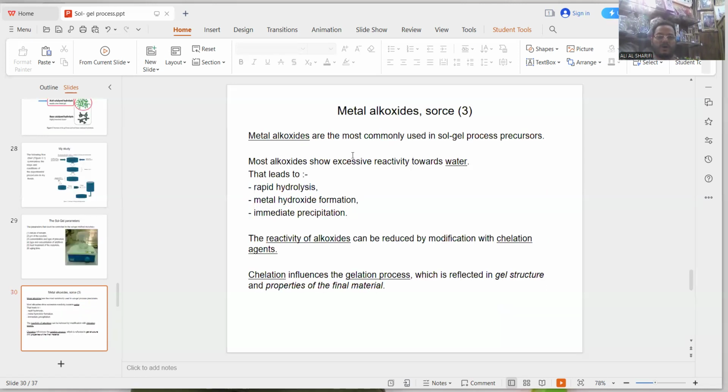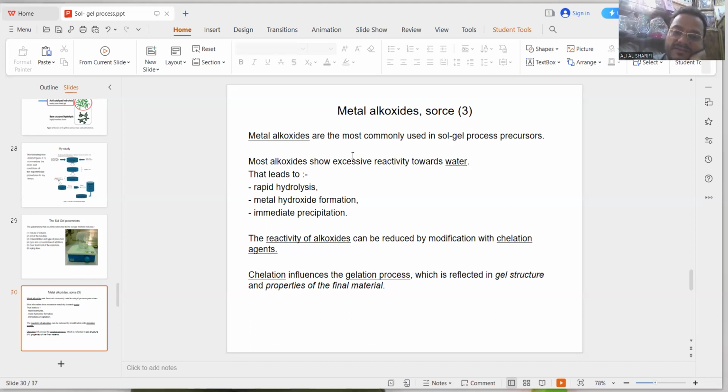Now let's talk about metal alkoxides. They are most commonly used in sol-gel as precursors. Most alkoxides show excessive reactivity toward water. That makes them amazing. When we put them together with a specific ratio, some interaction, some attack on oxygen will happen to produce metal hydroxide formation.